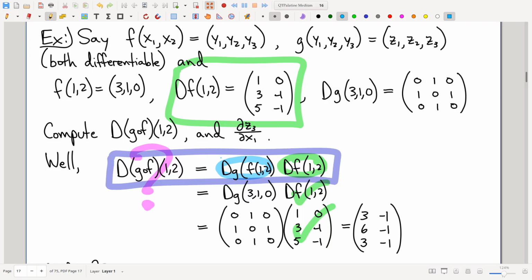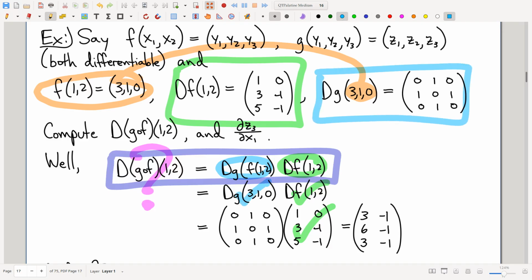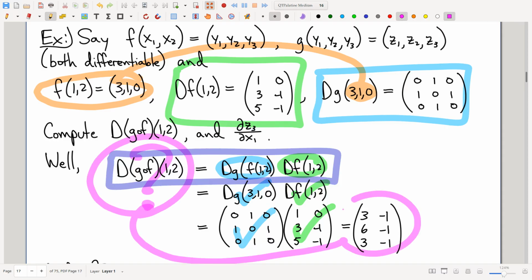Wait a minute. F of (1, 2) is where this DG that I'm given is evaluated. It just wasn't written that way, right? But (3, 1, 0) is F of (1, 2). And so this DG at F of (1, 2) that I need is the DG of (3, 1, 0) that I have. And boom. And then you multiply. Y'all know how to matrix multiply. And we get that. How we doing? Everybody happy?